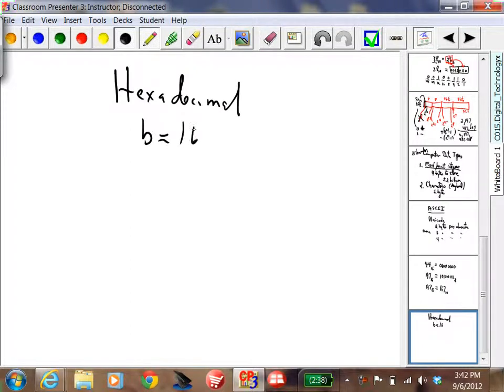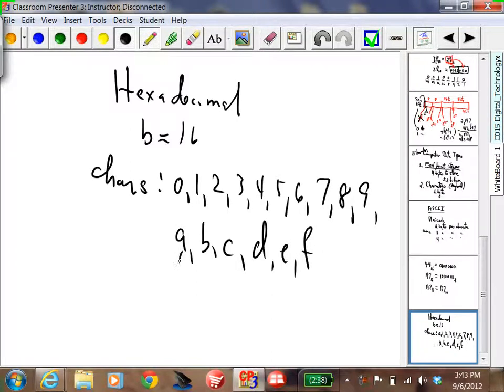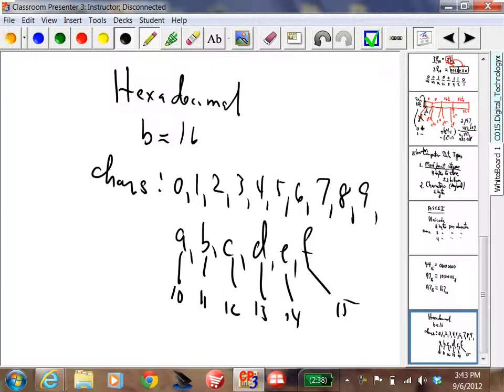The characters are 0, 1, 2, 3, 4, 5, 6, 7, 8, 9, A, B, C, D, E, and F. An A stands for 10, a B stands for 11, C stands for 12, D stands for 13, E stands for 14, F is 15. There aren't any G or H or I.